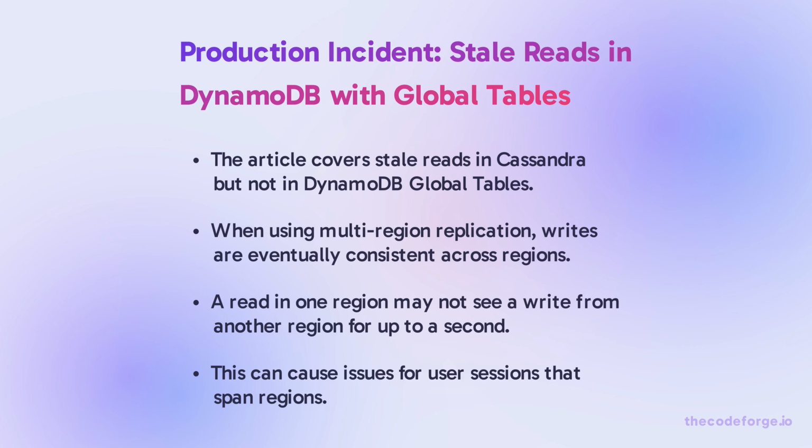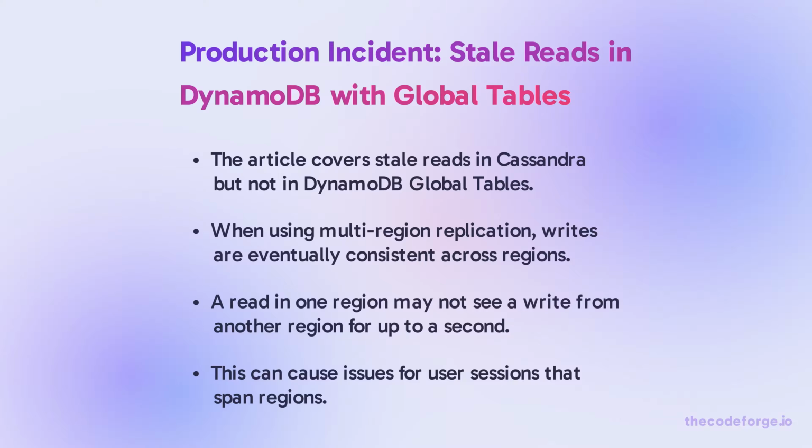The article covers stale reads in Cassandra, but not in DynamoDB global tables. When using multi-region replication, writes are eventually consistent across regions. A read in one region may not see a write from another region for up to a second. This can cause issues for user sessions that span regions.